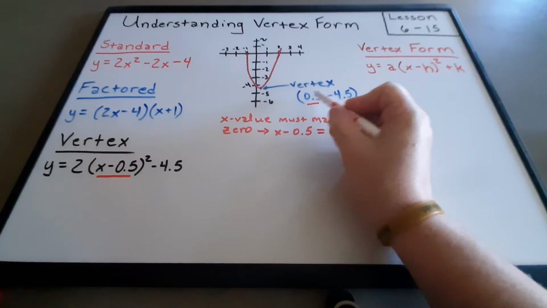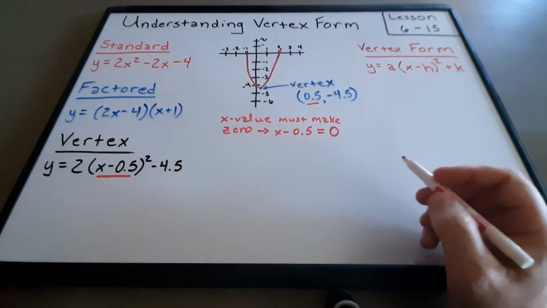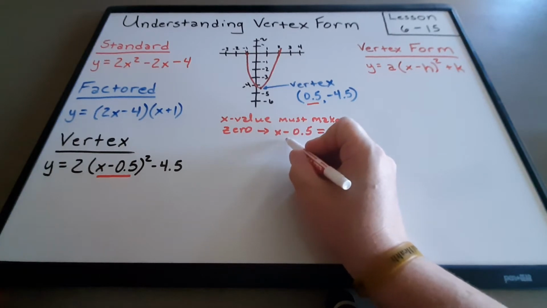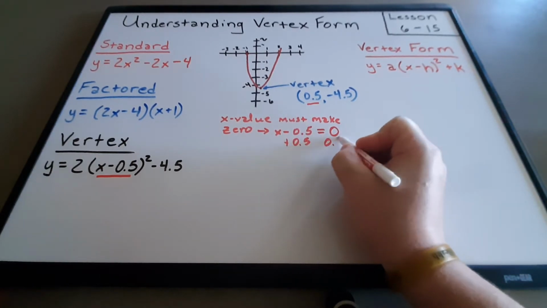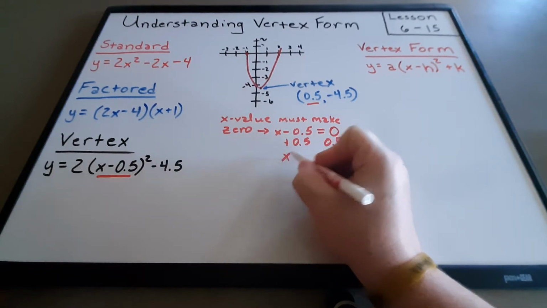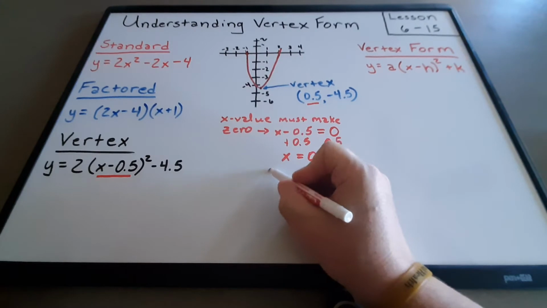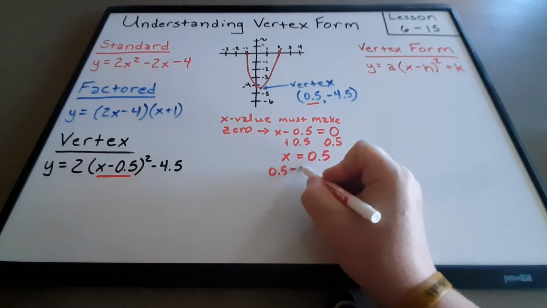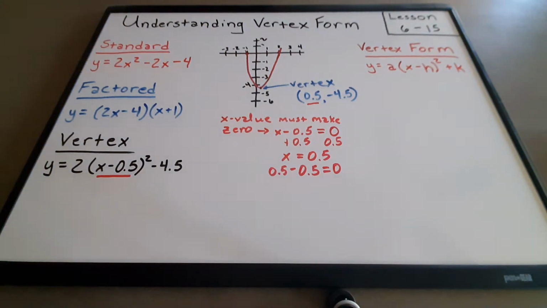So all we have to do is look for a number that would plug in here to make 0. And we can use some basic algebra, add 0.5 to both sides, and we get x is 0.5, which means that 0.5 minus 0.5 equals 0. Okay, so this tells us our x value. It helps us understand that x value.